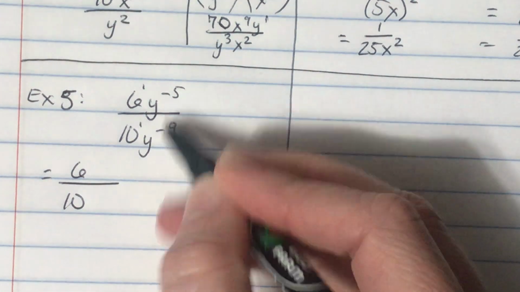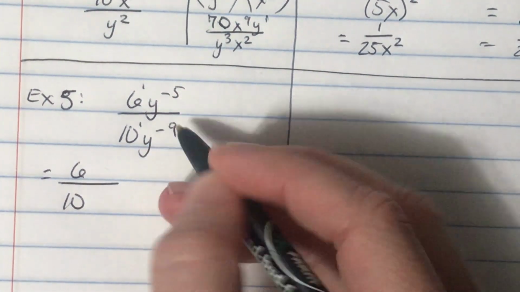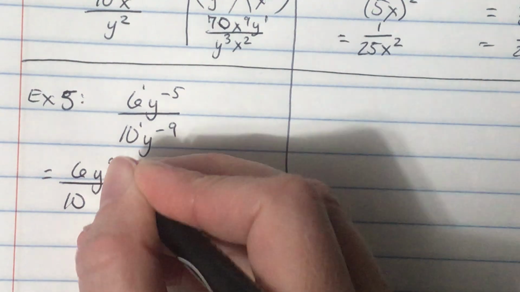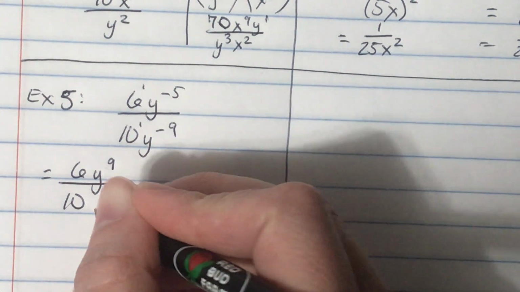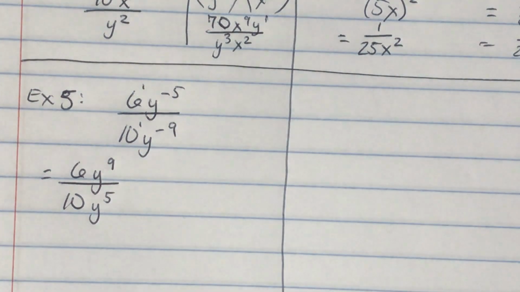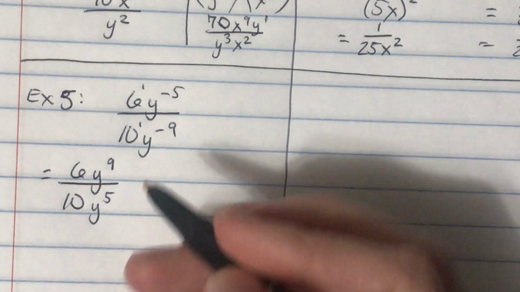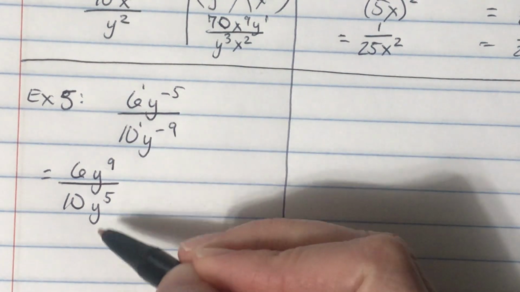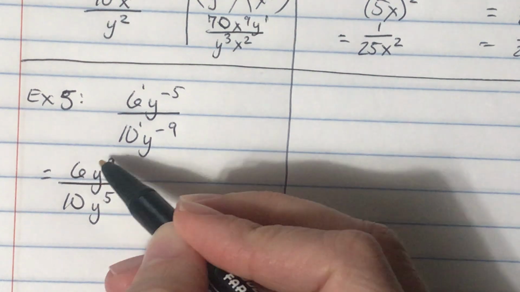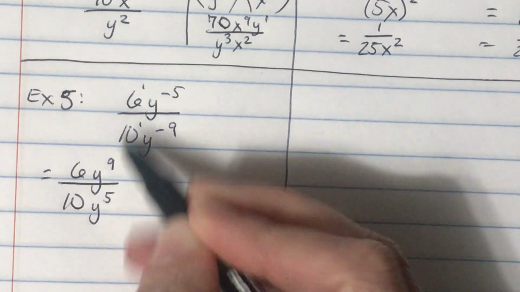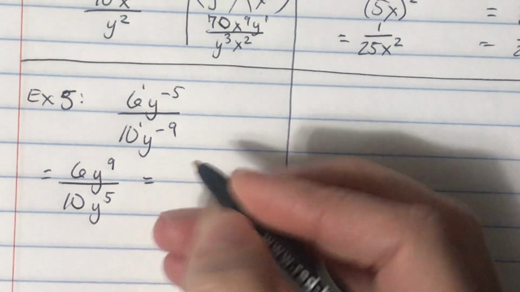But now the y's are both negative. So this y to the negative ninth is going to go upstairs, y to the positive ninth, and then y to the negative fifth is going to go to the bottom, y to the positive fifth. But notice now we can still simplify this, right? Not only will 6 over 10 simplify, but we have like bases on the top and the bottom, so we need to simplify that.